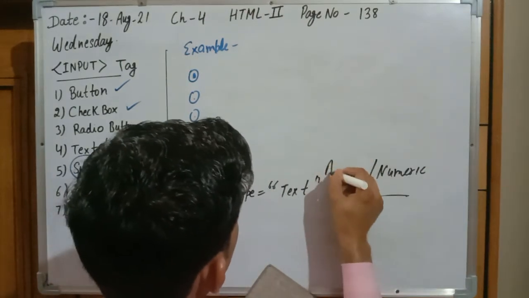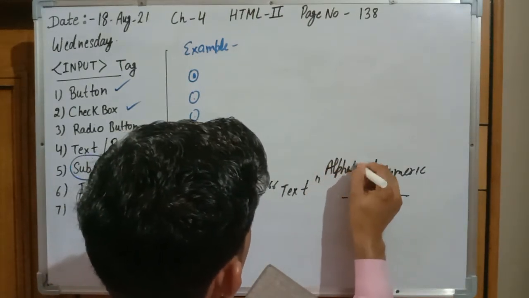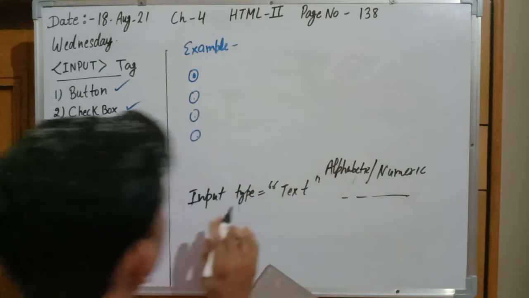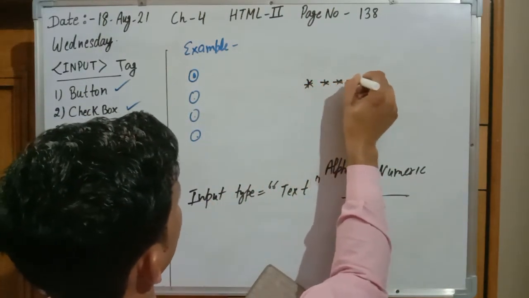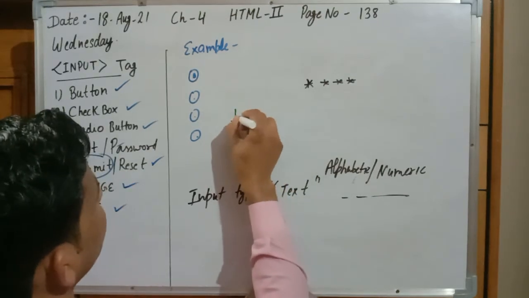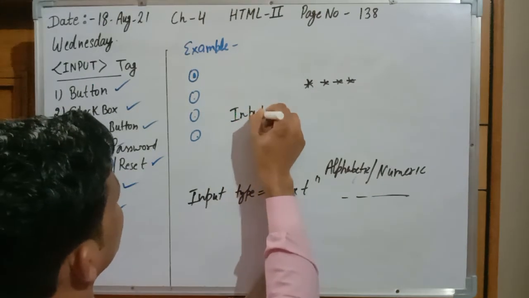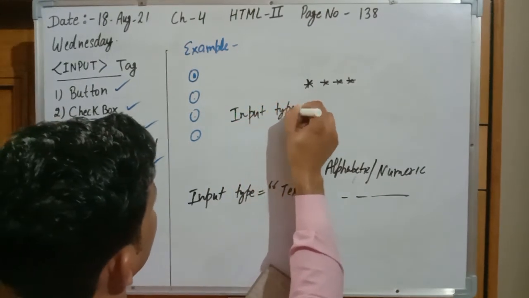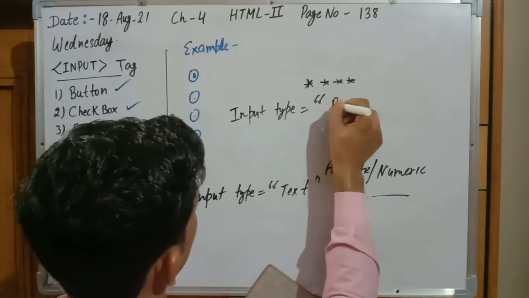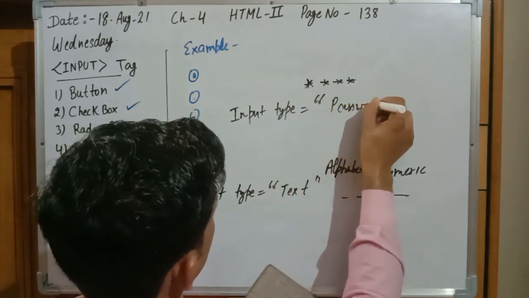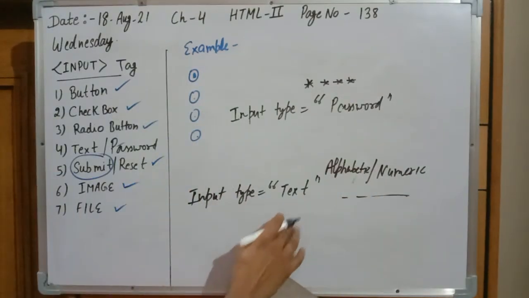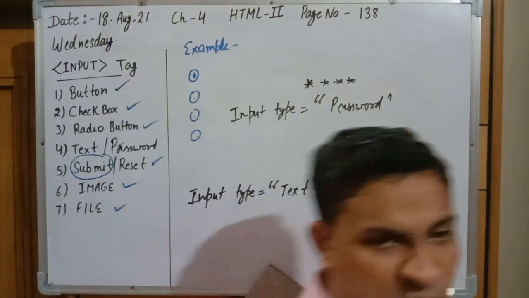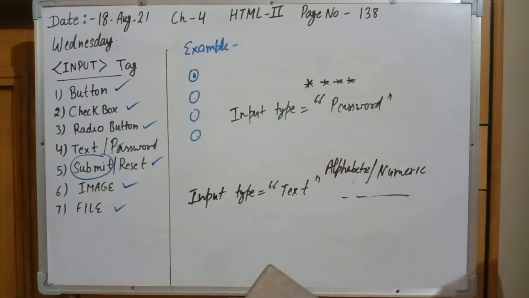If I want to input data in the form of a password, with stars like a password, for that I will write input type is equal to password. To enter a numeric or alphabetic value, we take type text. To enter the value in password form, we take type password.